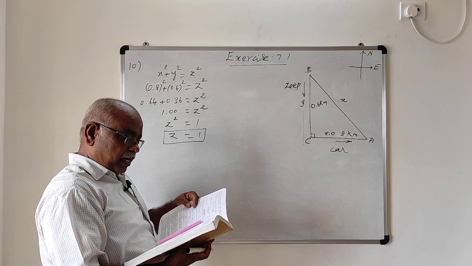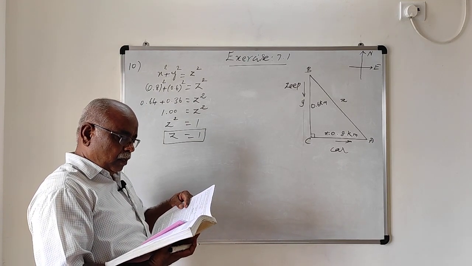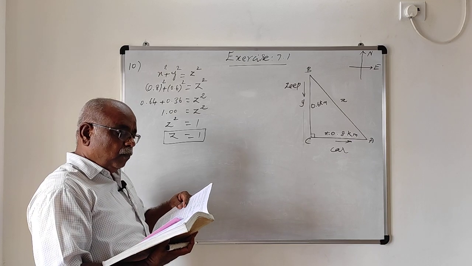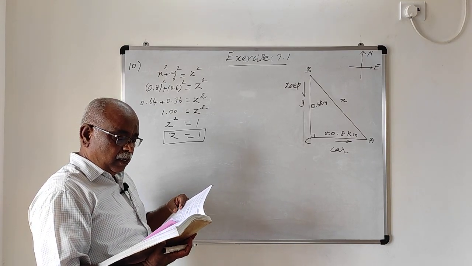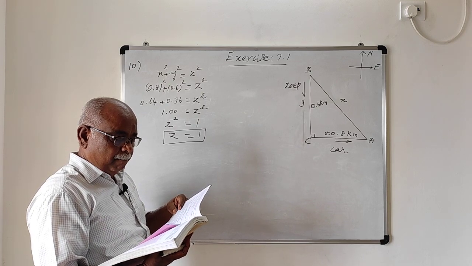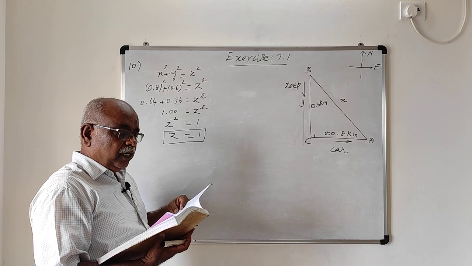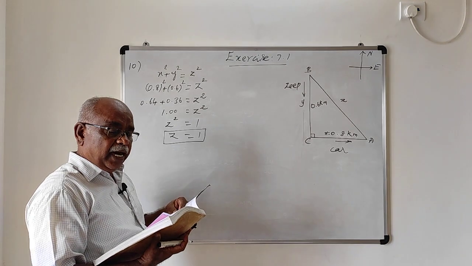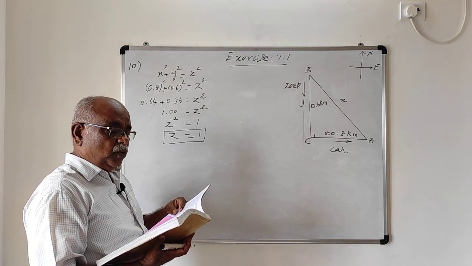And also, what is given in the problem? The radar determined that the distance between them and the car is increasing at 20 km per hour.